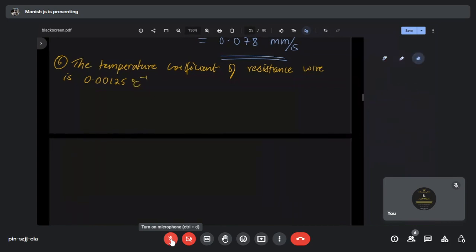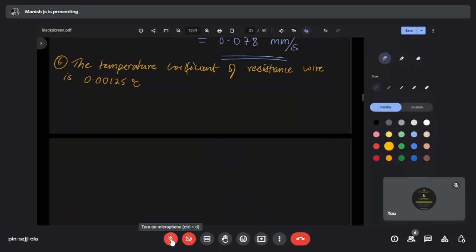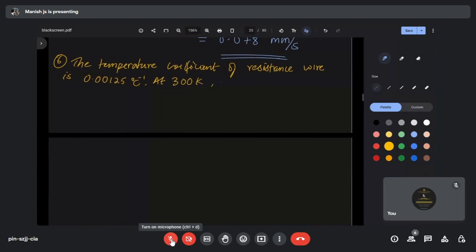Okay, or per degree Celsius. So that's the reason I'm putting degree Celsius inverse. At 300 Kelvin, its resistance is 1 ohm.